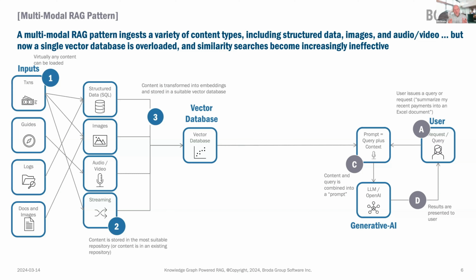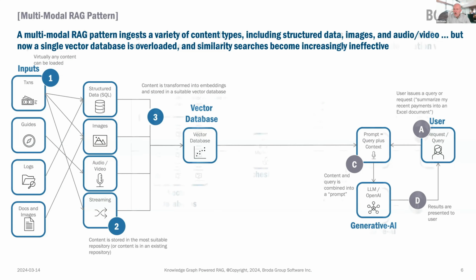So now you have vector databases that provide a little bit more granularity. And if you structure your similarity searches appropriately, you're going to get information at least from sources of data, whether they're structured SQL, images in a content repository, audio or text maybe from YouTube or even streaming. What you get is a little bit better data, and you start to become a little bit more effective.